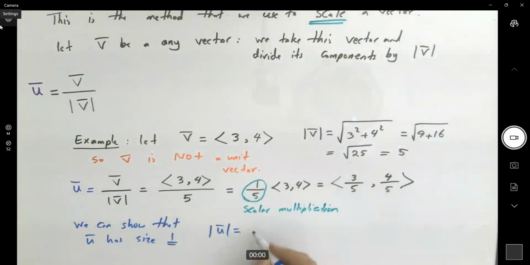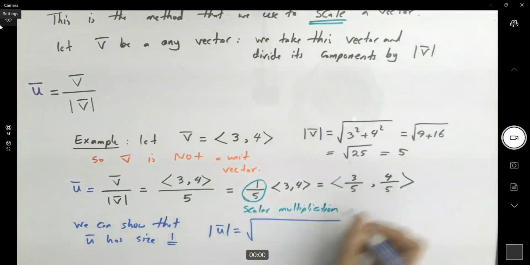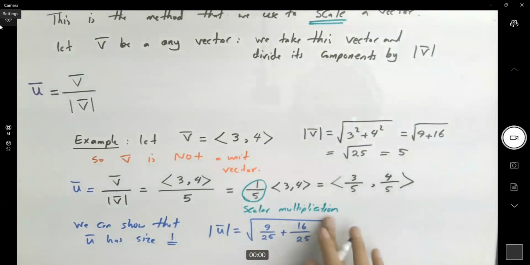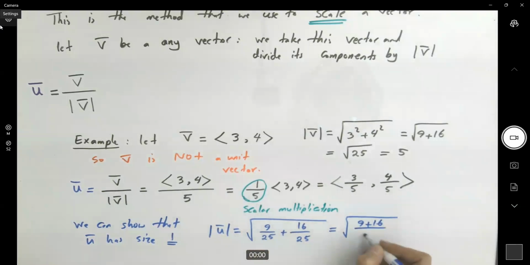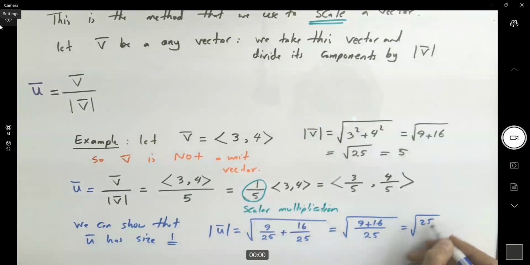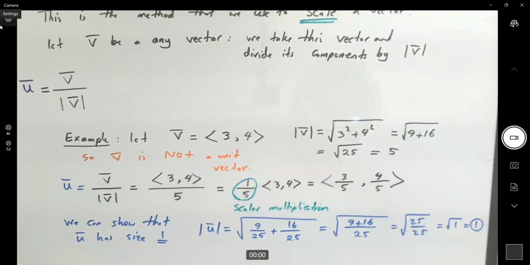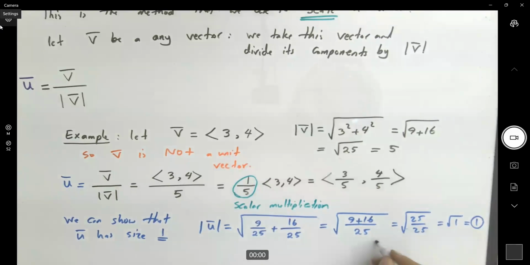The magnitude of U is defined as the square root of (3/5) squared, 9 over 25, plus 16 over 25, which is equal to the square root of, they have the same denominator, (9 plus 16) over 25, or the square root of 25 over 25, or the square root of 1, which is nothing but 1. So this new vector is actually a unit vector. We can show that U has size 1. I just showed that U is a unit vector.